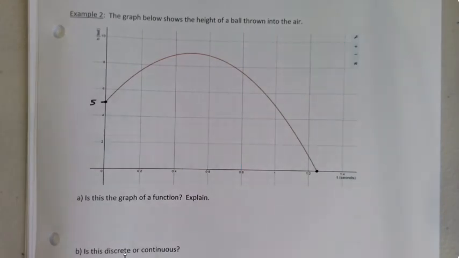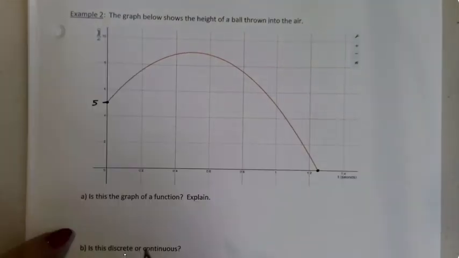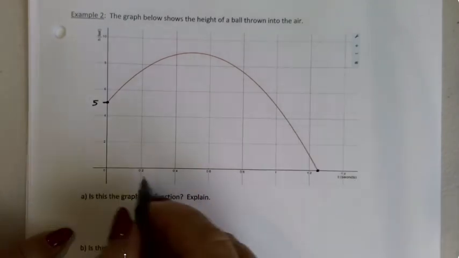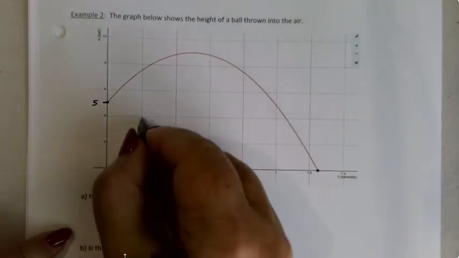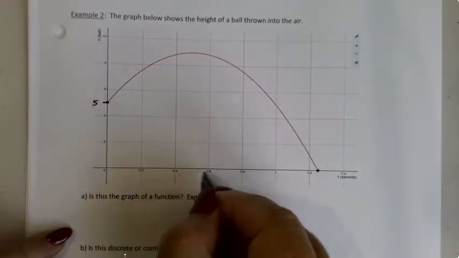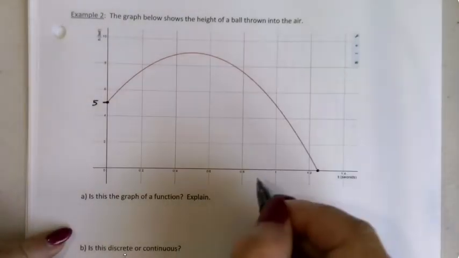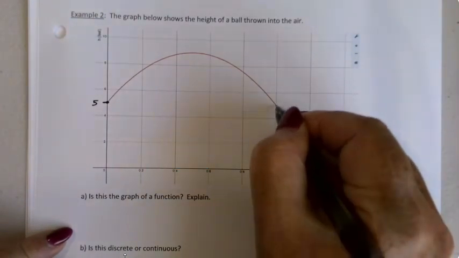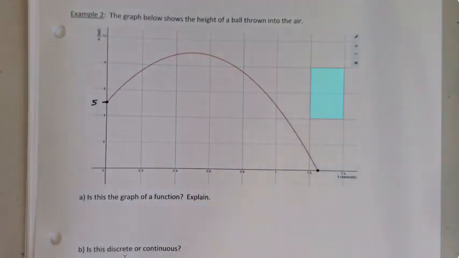So again, is this the graph of a function? Well, let's see. If I have any particular input, like say t equals 0.2 seconds, there's just one output. And that's true for all of my inputs. Every input appears to have just one output on the graph. That also makes sense.